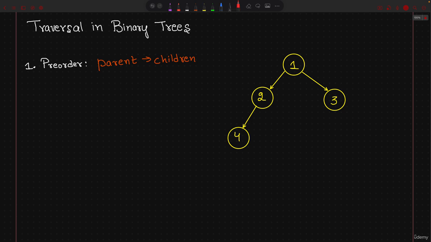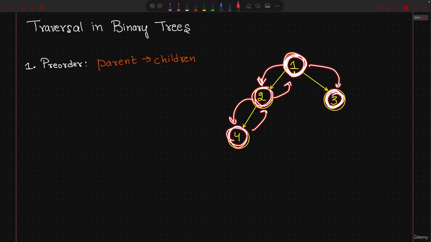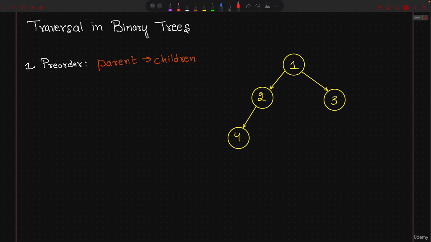So in this case, I will first come to parent and I will print its value. Then I will go to its child, print its value. Then I will go print its value. We will return. And finally, I will go here so that I can print the value. Parent is asking that, hey, first print me and then go to my child. That is what is known as pre-order traversal.